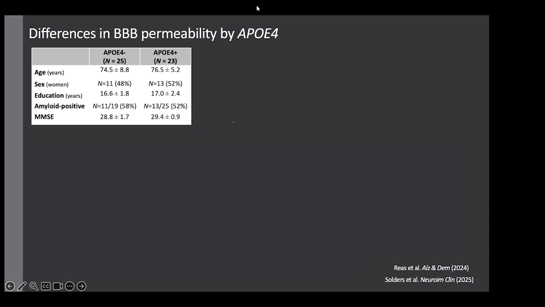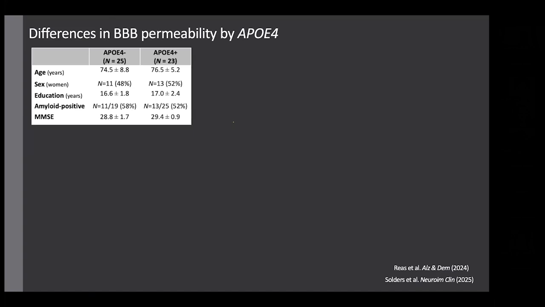So we looked at a cohort of ApoE4 non-carriers and carriers. These groups were well matched on age, sex, and education. More than half were amyloid positive, which was intentional. We wanted to enrich for preclinical Alzheimer's disease, but they were all cognitively normal, and scored very well on the MMSE.